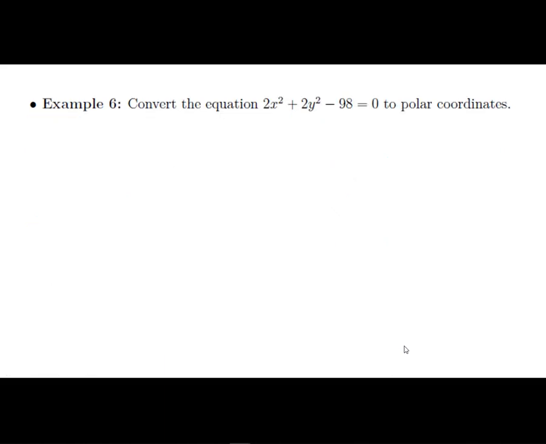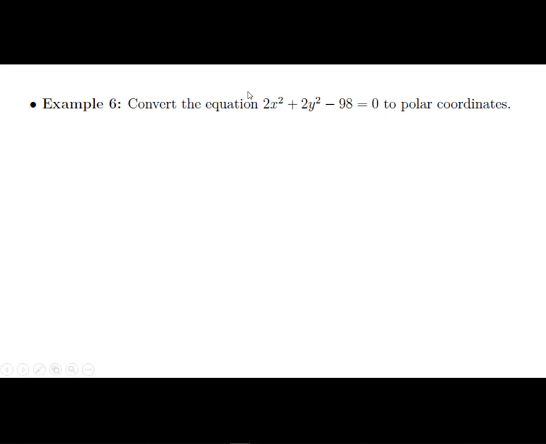All right, so now let's look at just a couple more equations like we did earlier. The one we did earlier was kind of a hard one, but I wanted to take an interesting equation and convert it into rectangular coordinates just to show how those formulas can work. But here we're going to go from rectangular to polar coordinates.